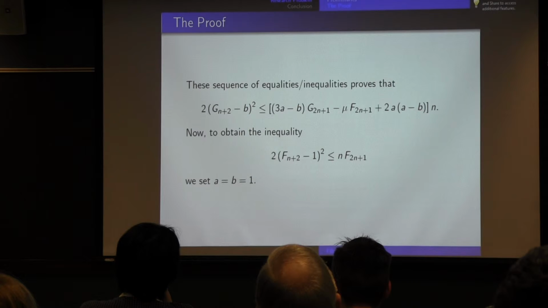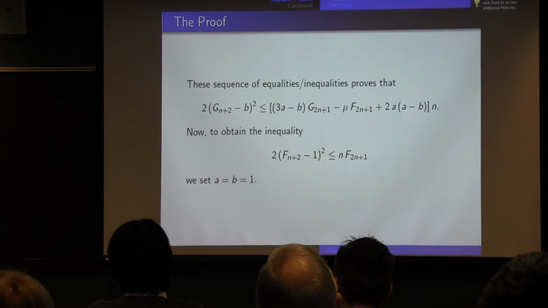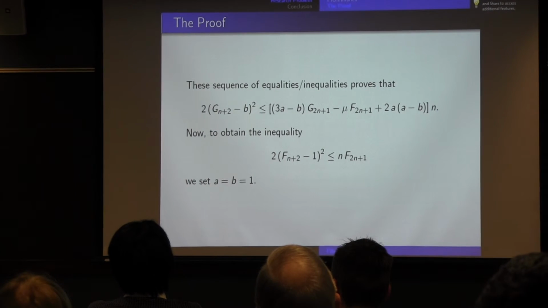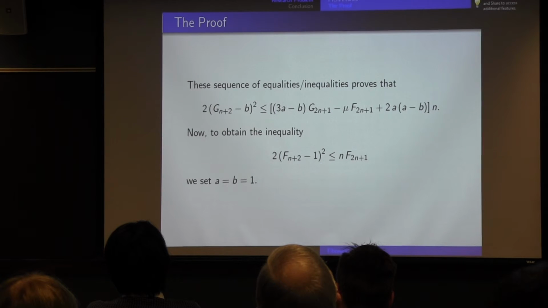If we go back and look at what we proved, by sequencing the equalities and inequalities, we proved the generalized statement we started with. Then in order to obtain the two inequalities we started to prove, for the first one, 2 times f sub n plus 2 minus 1, squared, is less than or equal to n f sub 2n plus 1.